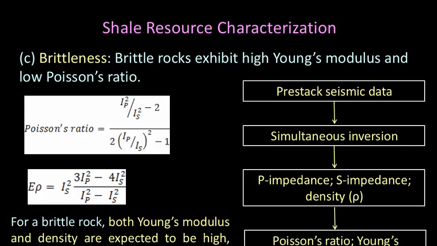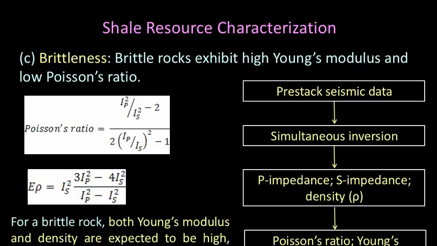Now, Poisson's ratio we can easily determine from IP and IS. And what we came up with a couple of years ago was another attribute that we call E-rho. Now E is the Young's modulus, which is a measure of the stiffness of the rock, and to determine E, we need the density.